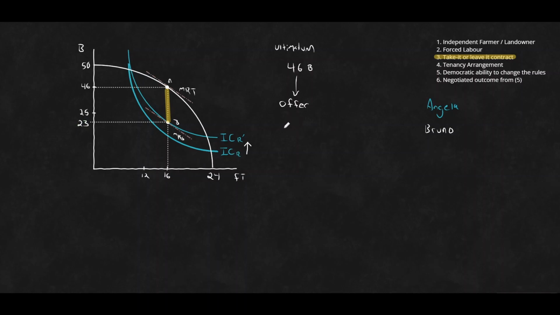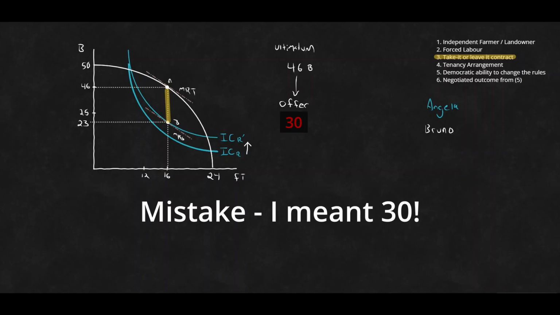So if Bruno were to offer something, let's say Bruno's being very generous, this wouldn't be very maximizing of him. But if he were to offer 40 to Angela, that is essentially saying, Angela, you get 40, Bruno will only take 16. Well, that would put us somewhere like this.